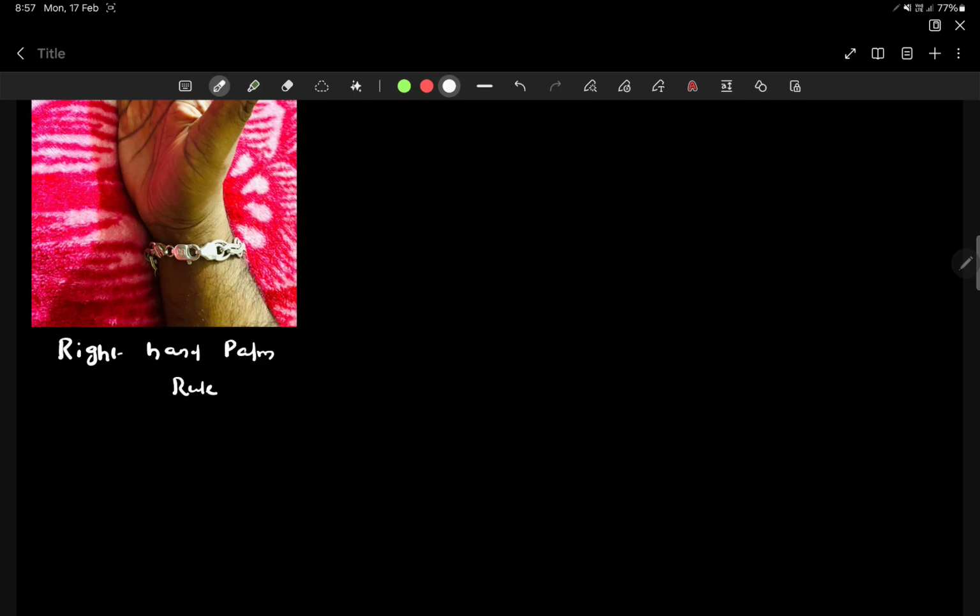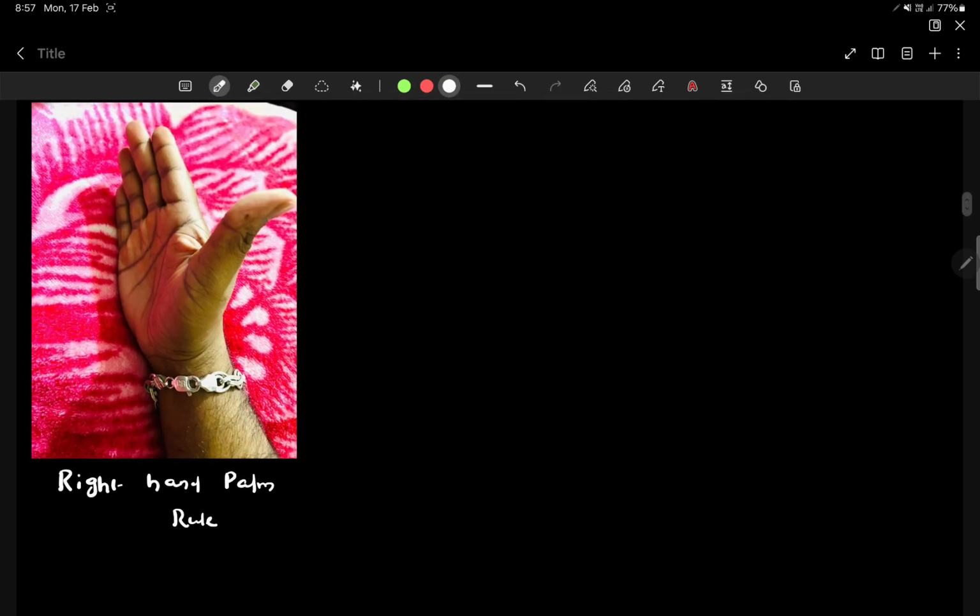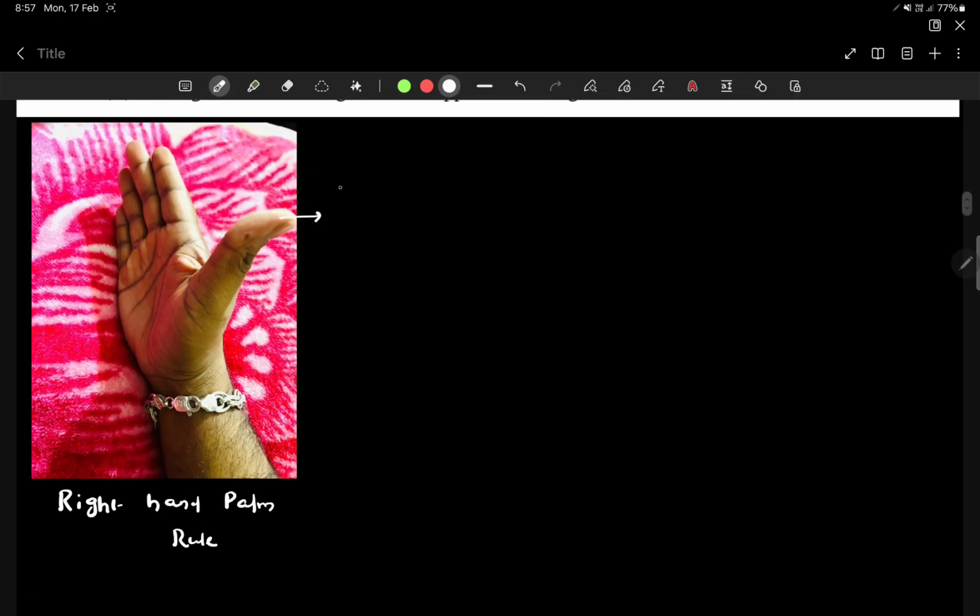As per this rule, you have to stretch your fingers like the diagram. This is the thumb, and the thumb represents the direction of positive charge or direction of current.